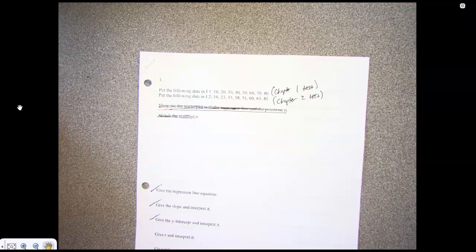So just so you have context, this is made up data. There weren't like 10s and 20s on the chapter test.